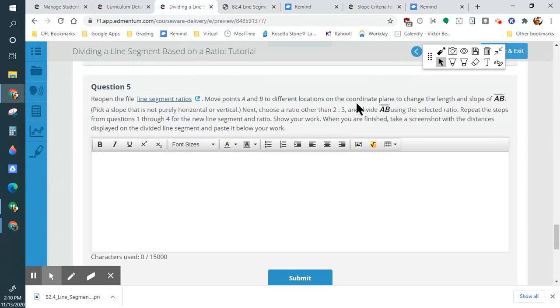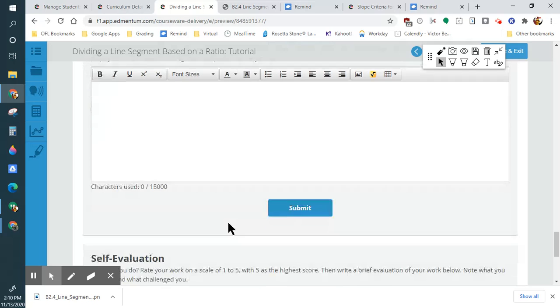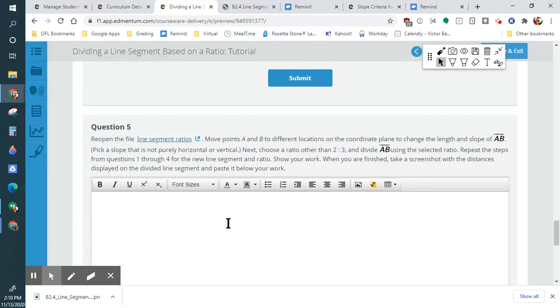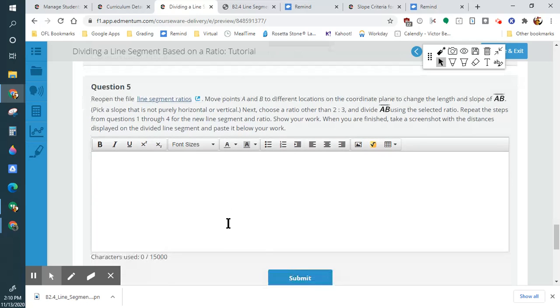So move the points and the locations. And then we want to use the 2/3 ratio rule. We're going to follow the exact same steps. To be honest, using the distance formula is really tricky.